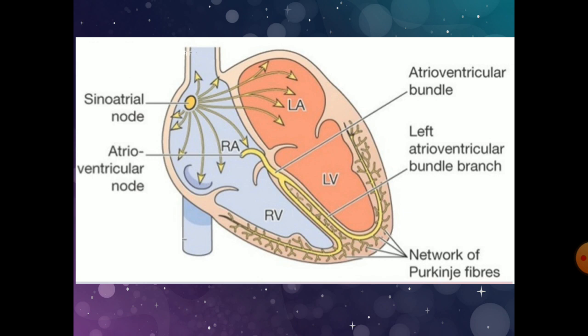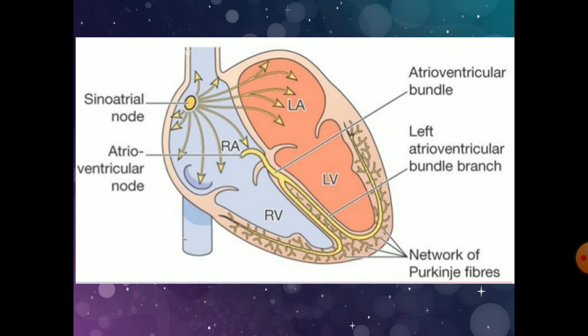The electrical impulses originate first automatically in the SA node, and from the SA node the impulses are carried to the AV node. The AV node is present between the atrioventricular valves.